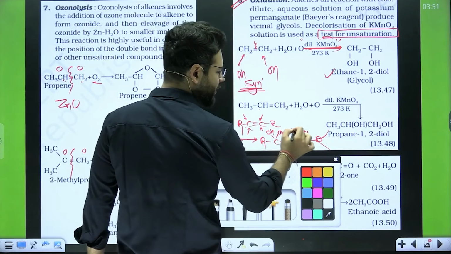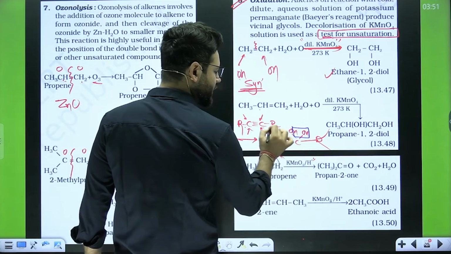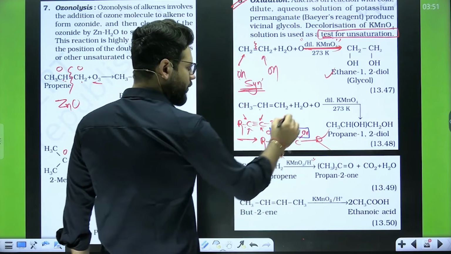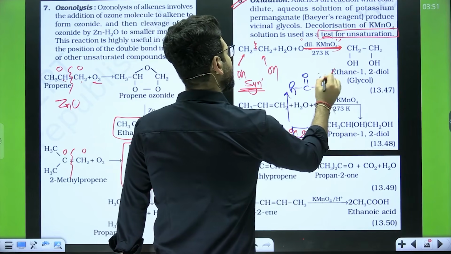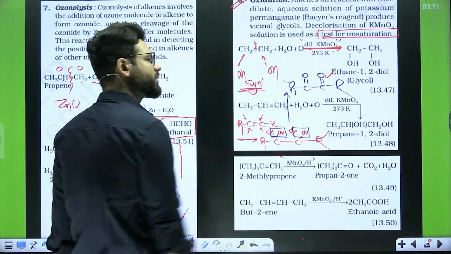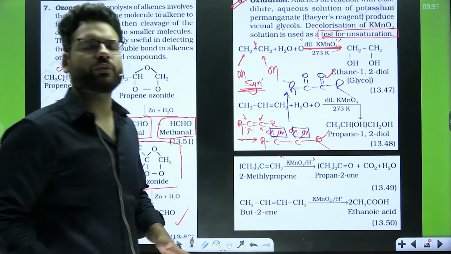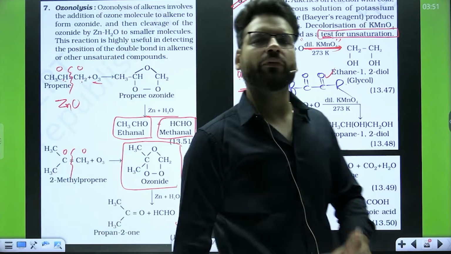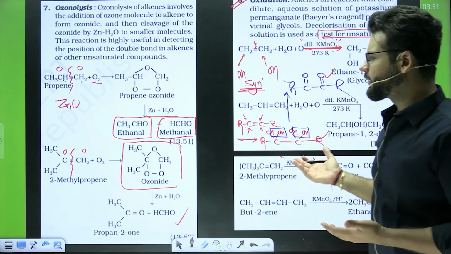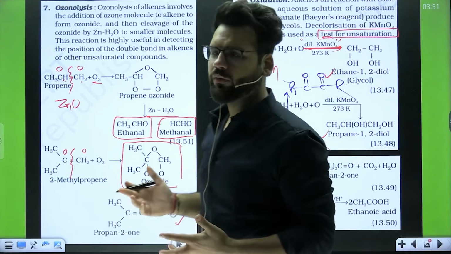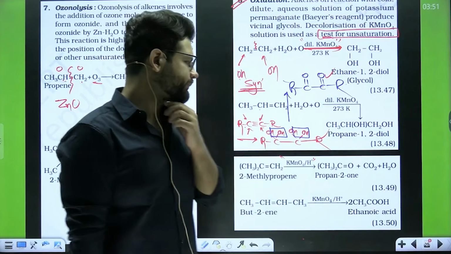So they easily lose water like this, and finally convert to vicinal diketones or aldehydes like this. Still used as a test for unsaturation. The pink color of KMnO4 decolorizes in unsaturated compounds. Benzene never reacts like this, so benzene will not give you the Bayer's reagent test.